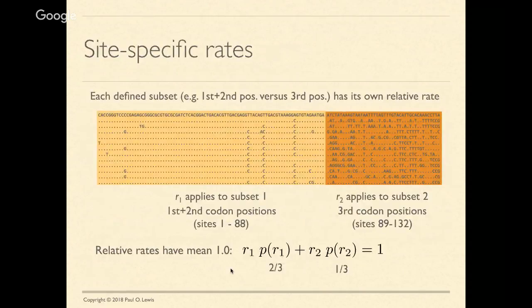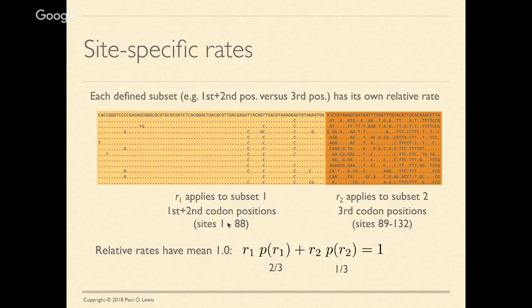The most straightforward way to do this would be, if you know that the third positions are evolving faster than the first and second positions, to just put all the third positions together, call that a subset of the total set of data, and then put the first and second positions in a different subset and give them each a relative rate. So R1 is going to be the relative rate that applies to subset 1, and R2 applies to subset 2.